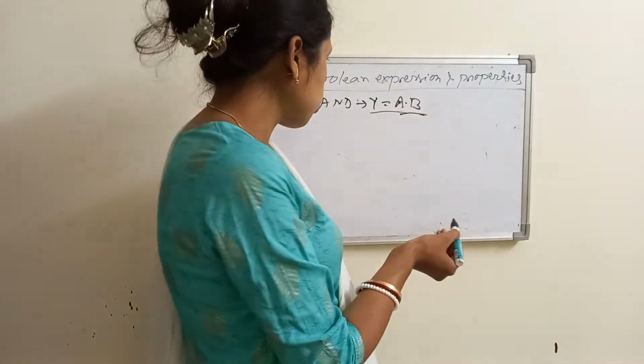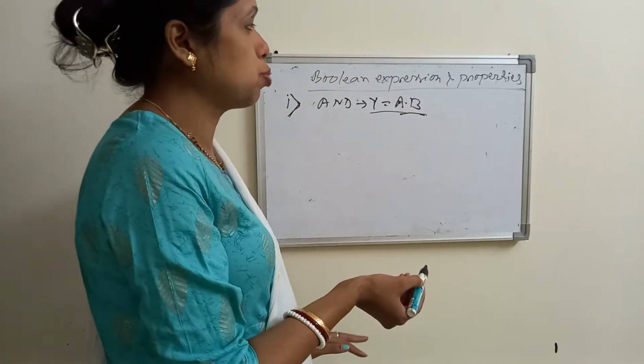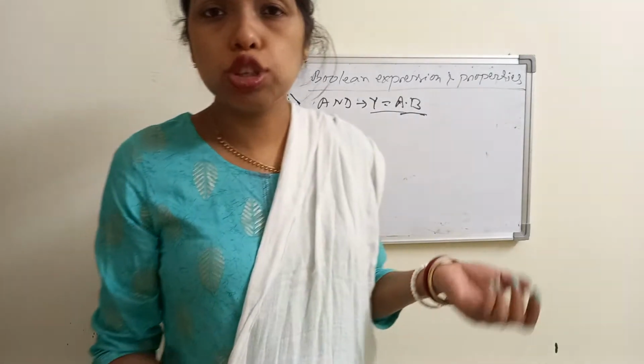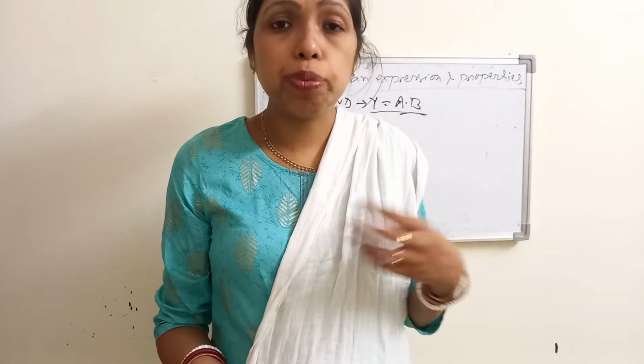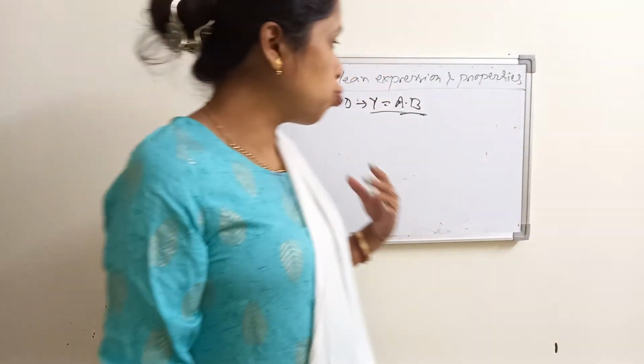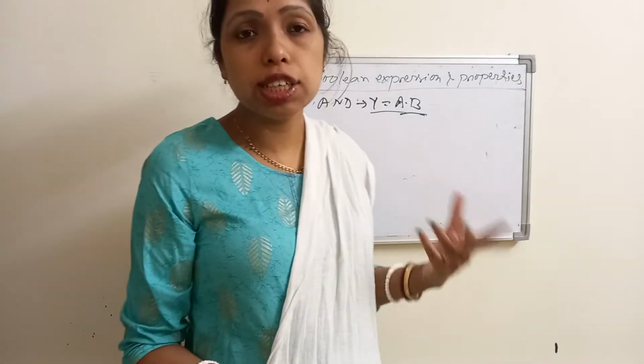Now there are different Boolean expressions. Suppose you have multiple inputs, 4 inputs, 3 inputs. In a system you have multiple inputs, 2 inputs, 3 inputs, like that. So you will get an expression which contains multiple product terms and multiple summation terms. So for reducing an expression you need some properties.